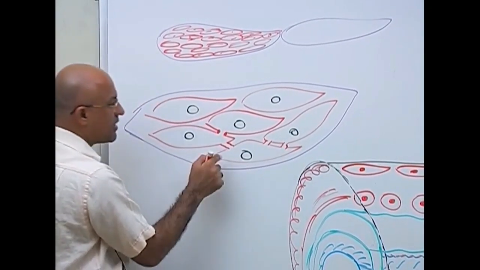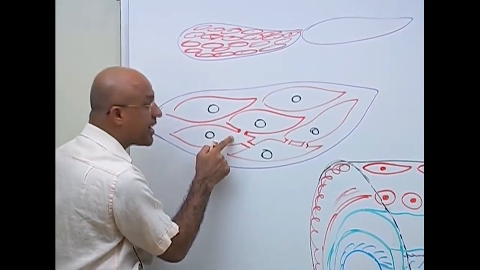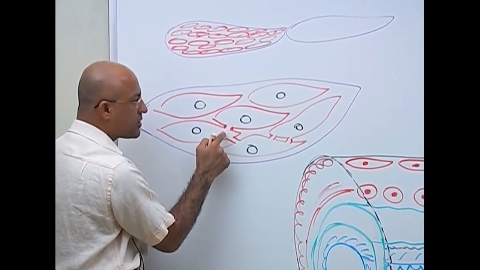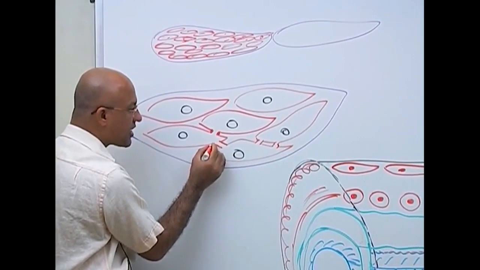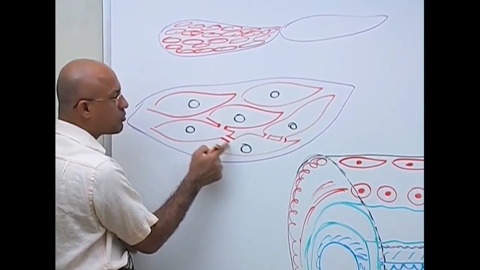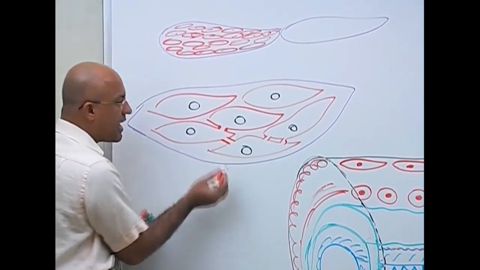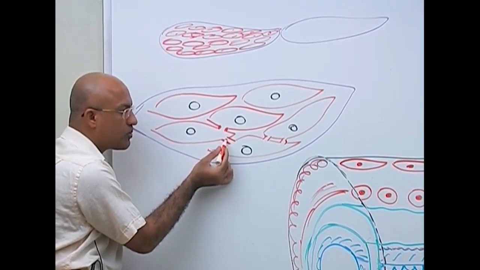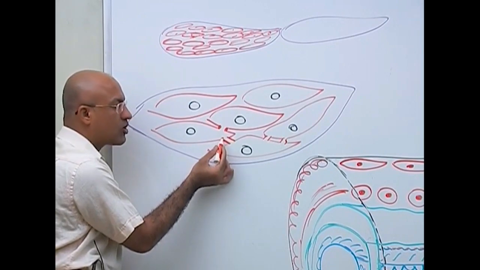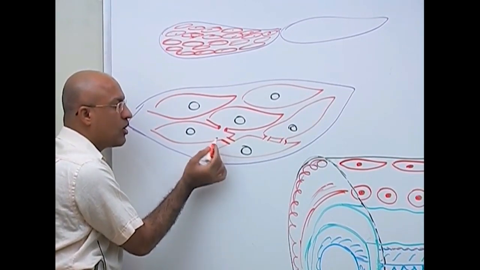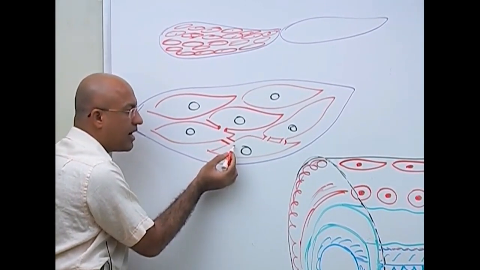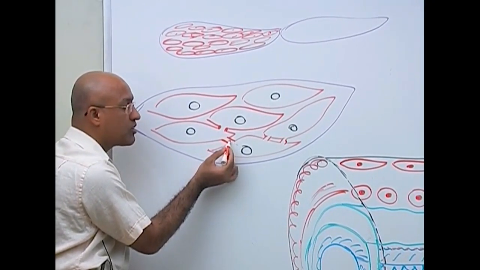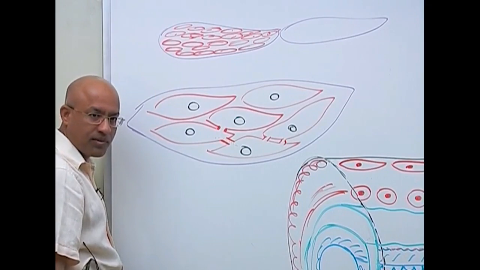So you can say that one smooth muscle can communicate with the neighboring smooth muscles through these specialized gap junctions. Gap junctions are specialized areas where smooth muscles come in touch with each other, and they have special channels or special electrical windows, low resistance channels, due to which ions and small molecular weight metabolites can move from one smooth muscle to the other smooth muscle, right?